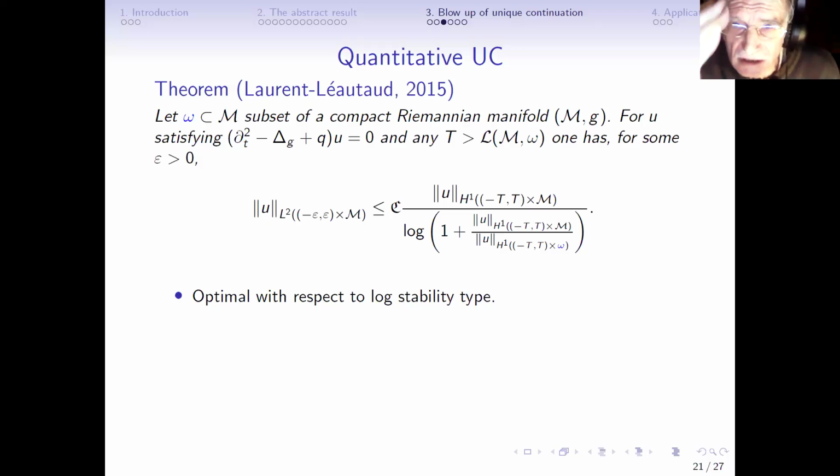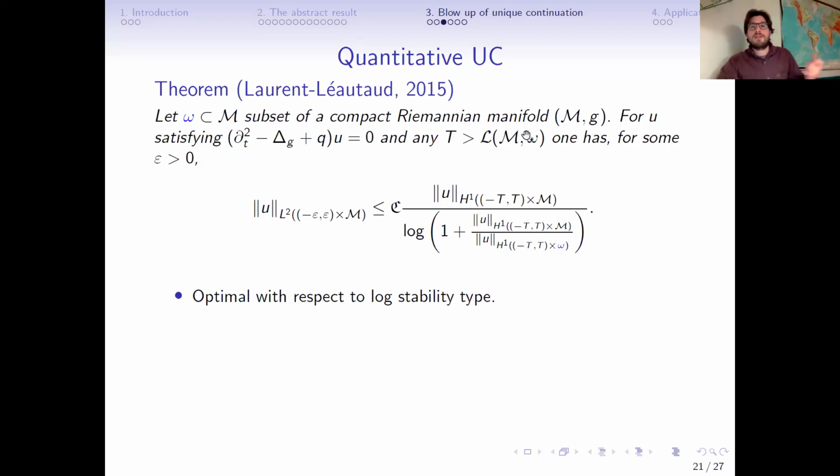The minimal time here is exactly the greatest distance between omega and M. So we take the supremum of the distances from omega to a point in the manifold M. And this is really the minimal time for which you can have unique continuation, by finite speed of propagation.